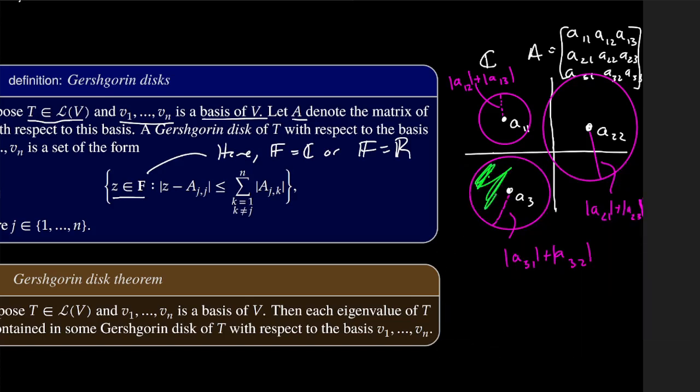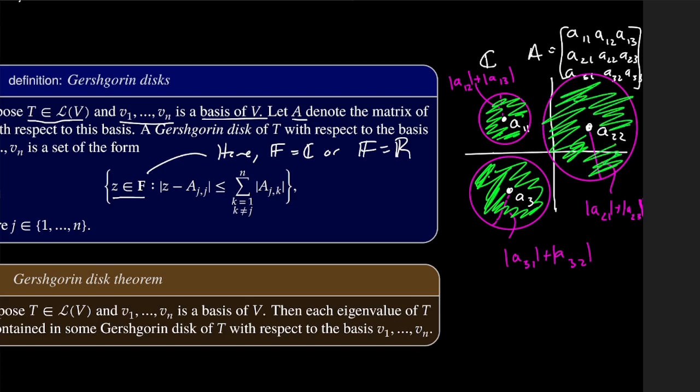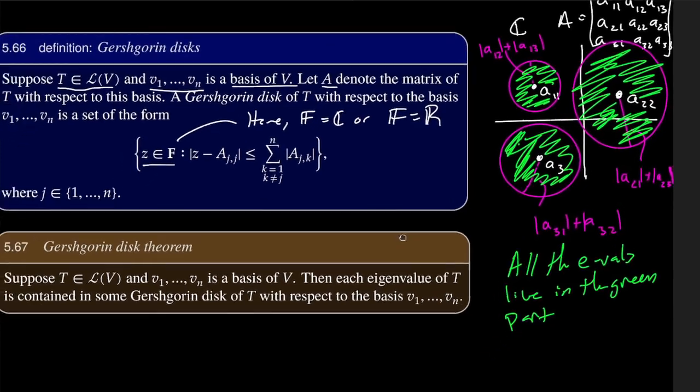And all the eigenvalues live in the green part, or on the boundary, but in these disks. That's what I'm trying to say. So this is the claim we're going to make.